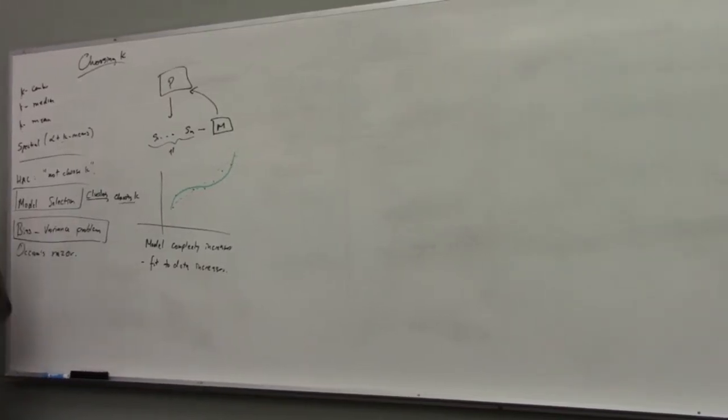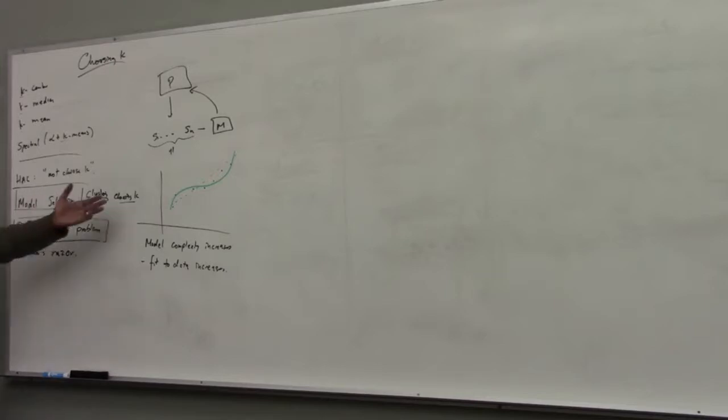Can someone else tell me why this might be a bad thing? Overfitting. Sorry? The model should not just fit the data you get, it's the prediction for the future data. If you overfit, then the future data might not fit this model.